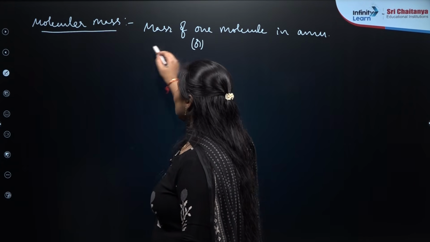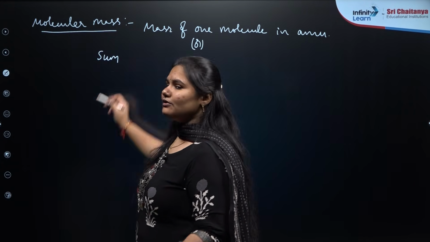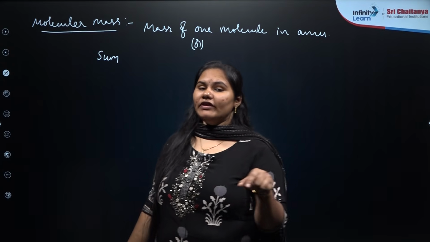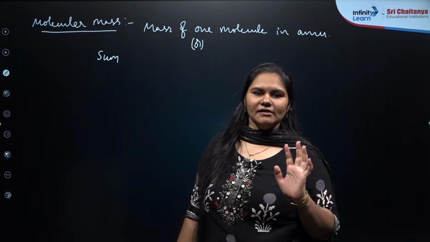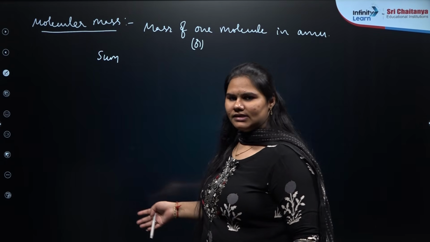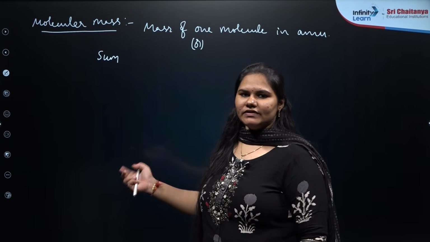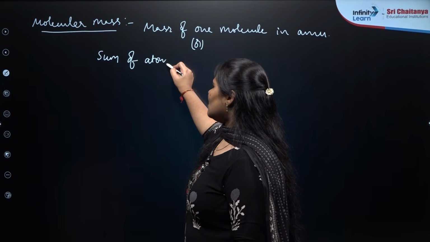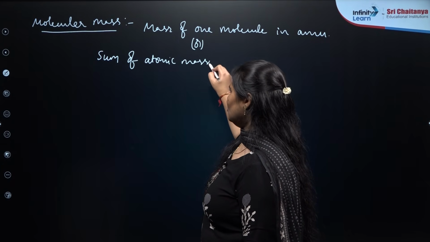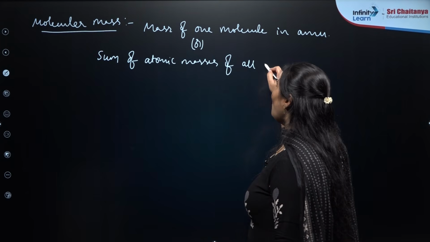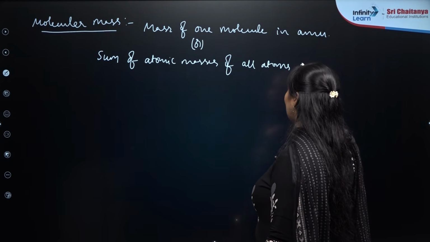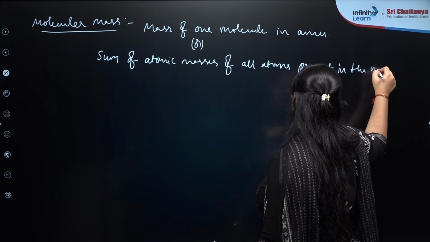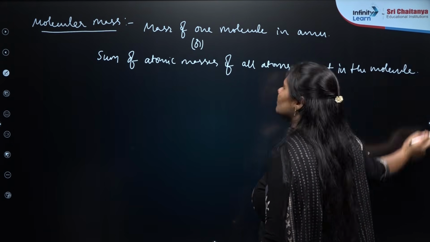Because we don't know each individual molecular mass, but we have to learn at least 30 elements and their atomic masses. I will give you the list of 1 to 30 or 1 to 20, whichever is important. So we can even say it is the sum of atomic masses of all atoms present in the molecule. This is what molecular mass is.